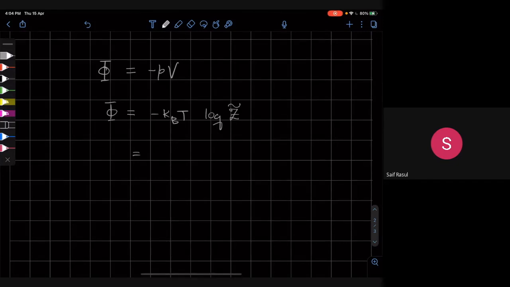And that's just minus k_B T e to the power beta mu times V divided by lambda cubed.